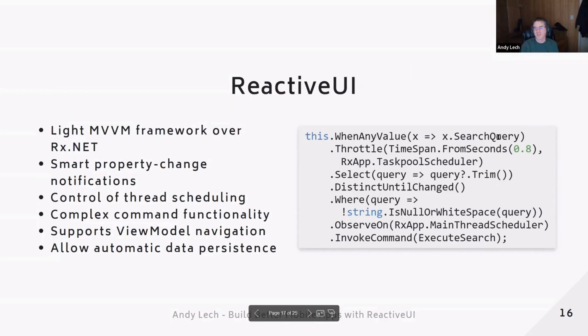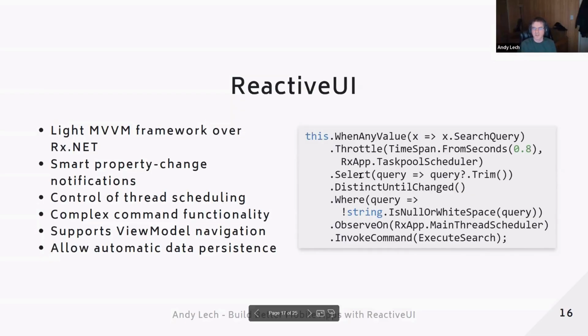When it's a search query, it wants to wait and check every 0.8 seconds, and it has a scheduler for that, basically a task pool, so you're doing thread scheduling to check in the background whether 0.8 of a second has passed. So you're checking to see if anything's changed.